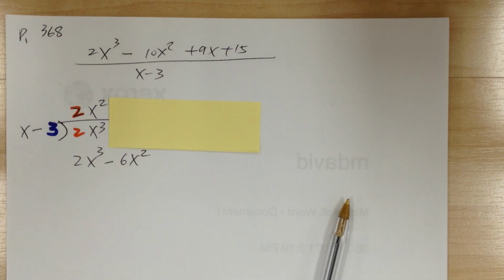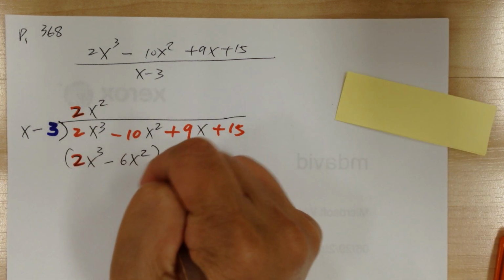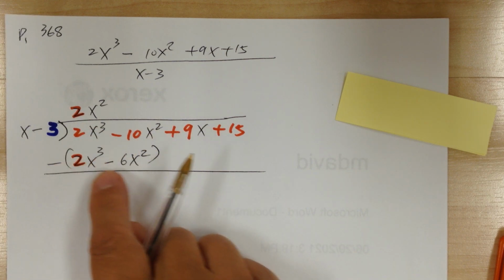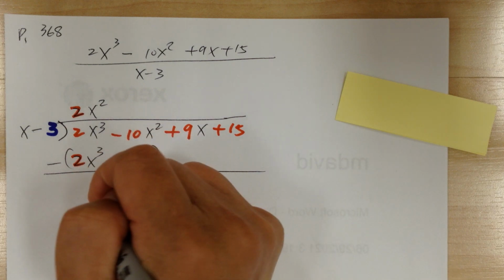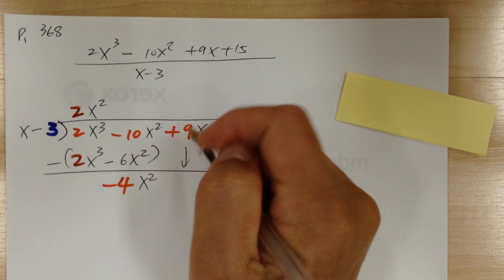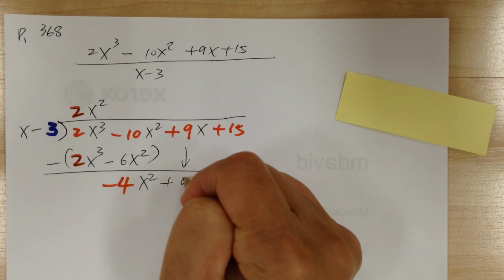Then you put parentheses and you subtract. So this will cancel out. Negative 10 minus negative 6 will give you negative 4x squared. Then you drop this term down, so it will be plus 9x.